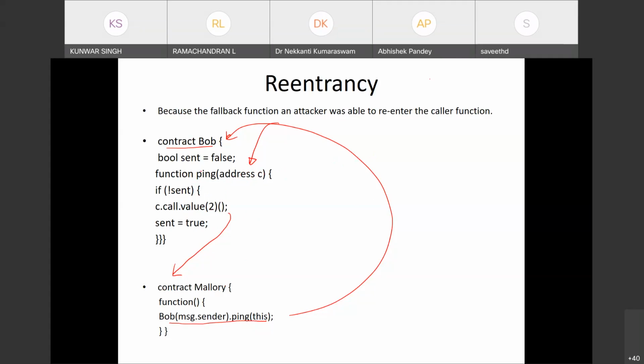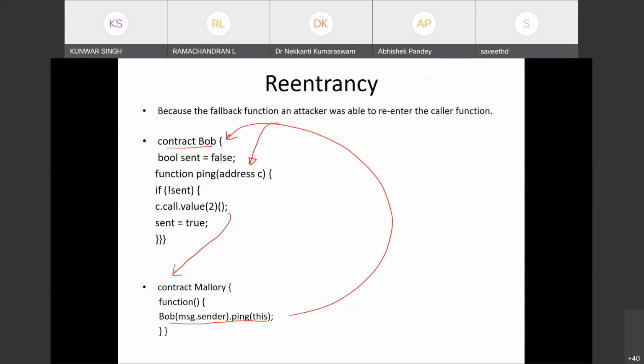So the funds, contract C is transferring the money to contract B. Bob is transferring the money to contract C, and inside the fallback function of contract C, one line of code is there, which is calling this function again.